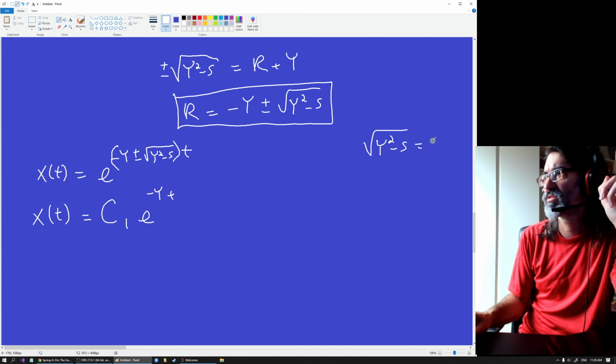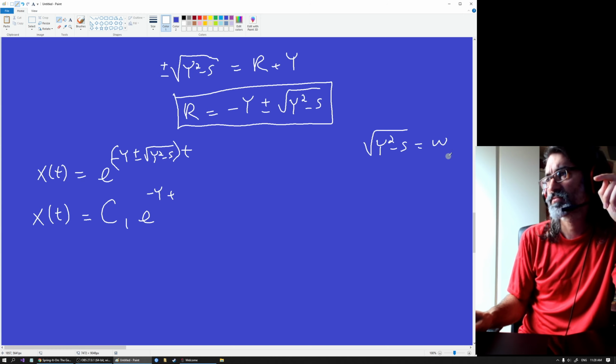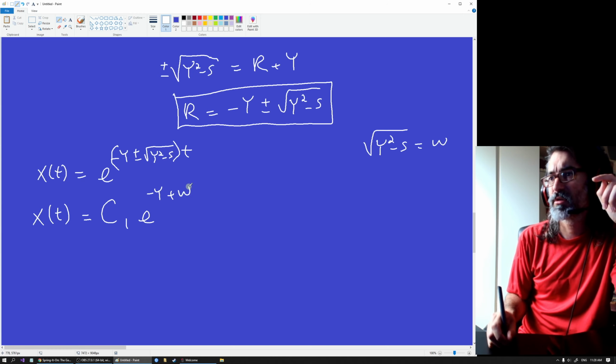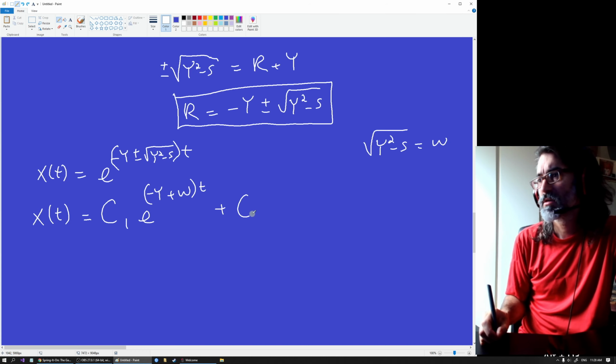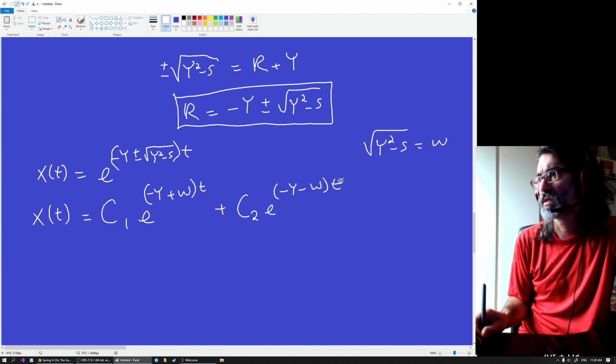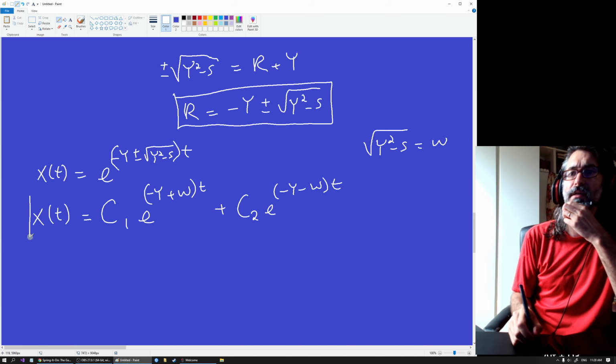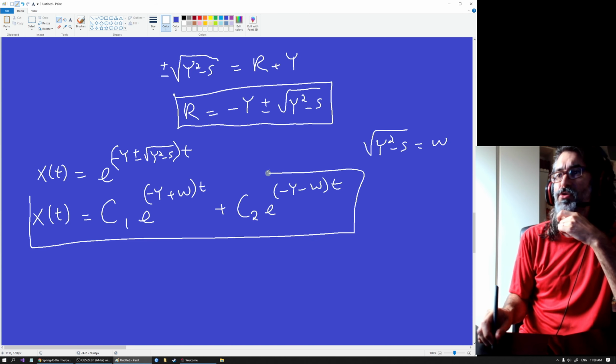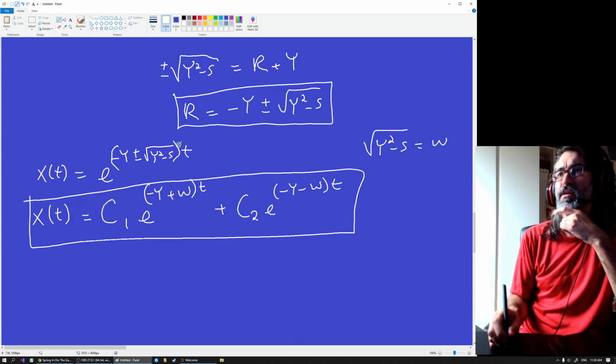So let's call this w. So it's going to be c1 e to the minus y plus w times t, and our second solution, with some other constant, is c2 e to the minus y minus w times t. So that's our solution now. So we actually found one of the unknowns, the r thing.